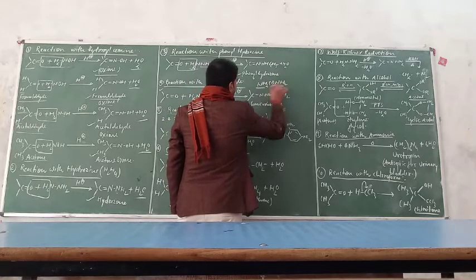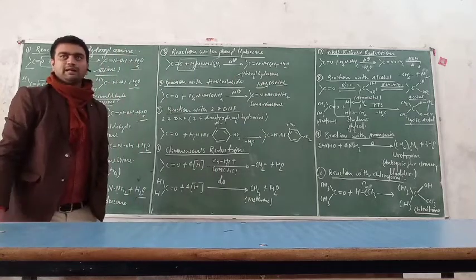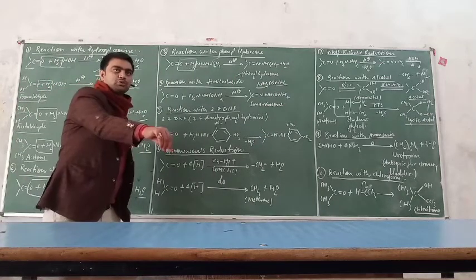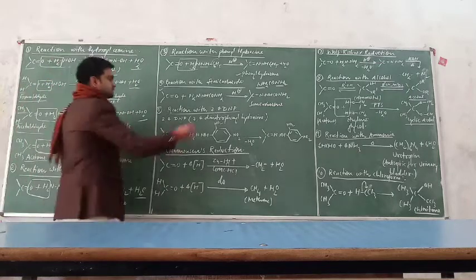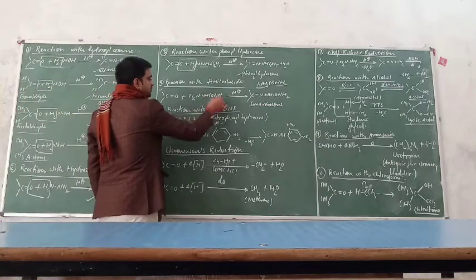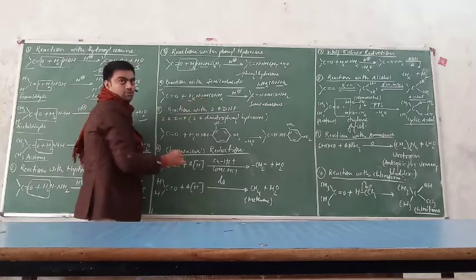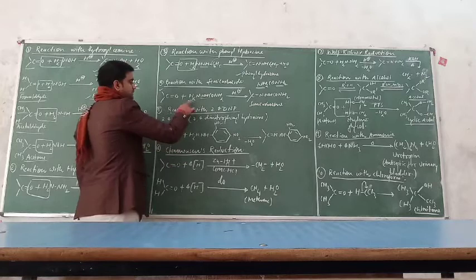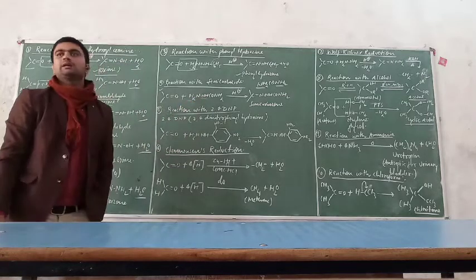When we remove one of the hydrogen atoms from the NH2 group and introduce another NH2 group, the formula will be semicarbazide. Like this, this is the NH2CONH2. I have removed one hydrogen and introduced the NH2 group. Clear? So the formula is NH2NHCONH2 and this is known as semicarbazide.